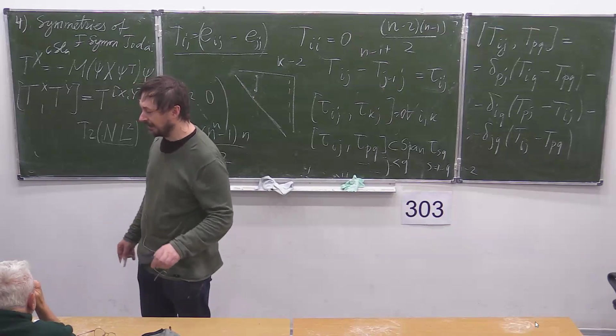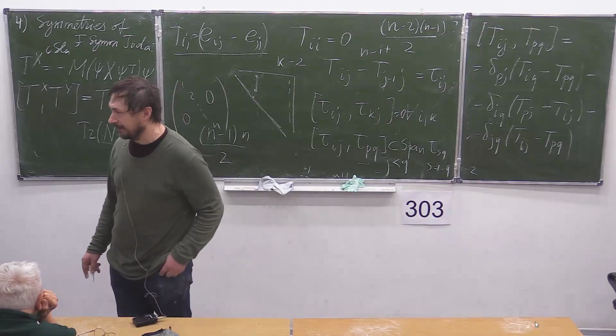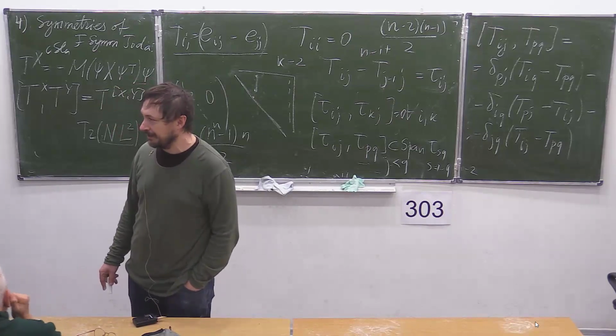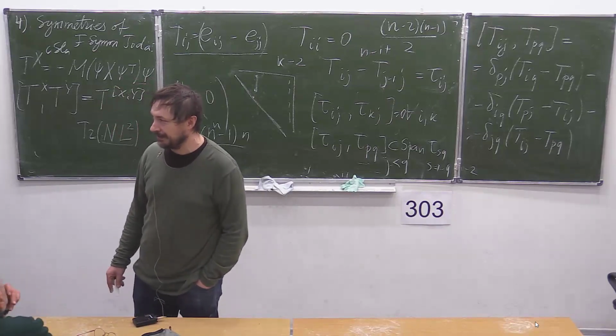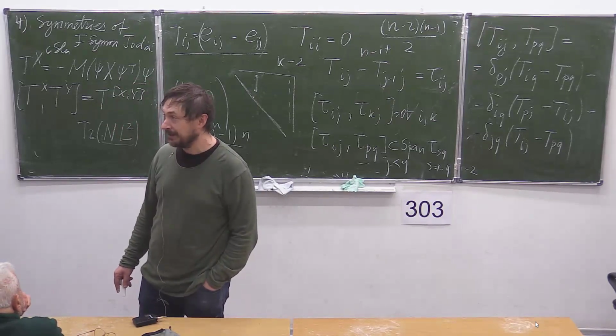It's actually interesting. I thought a lot about this because when the same system is at the same time Hamiltonian and gradient, I would expect that it should come from some complex system.